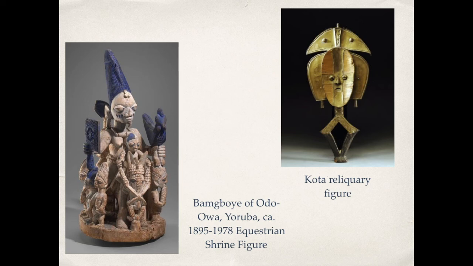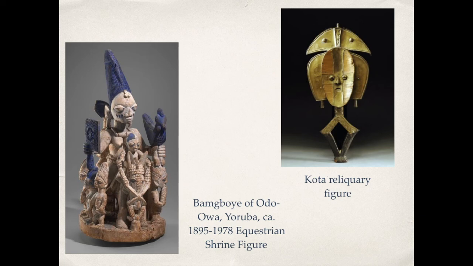These are shrines that offerings would be made directly to. And in the other case, the Kota reliquary figure, we talked about shrines specifically to ancestors, and would be a part of a package below the reliquary figure that would contain relics, bones, artifacts from the ancestor.